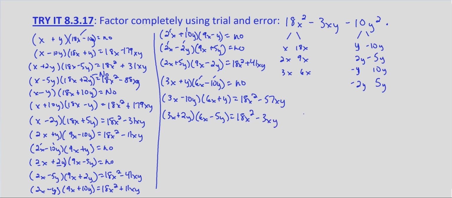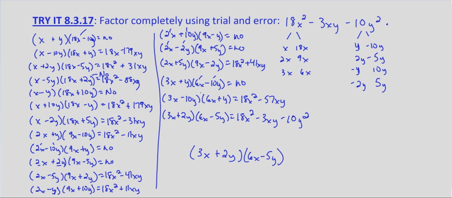So after all of this, we take 2 times negative 5, that's going to be minus 10y squared. We finally found our factors, and it's going to end up being 3x plus 2y times 6x minus 5y.